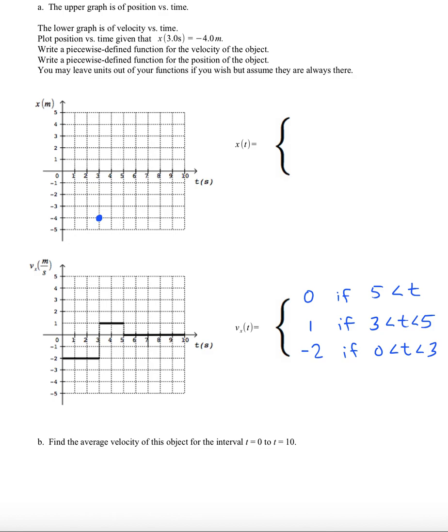Okay, now what I want to do is find antiderivatives for each of these. Now let's find the antiderivatives of each of these. We're going to have -2t plus c1, t plus c2, and c3.